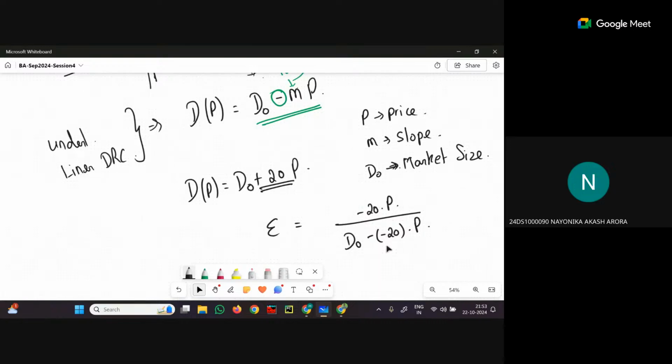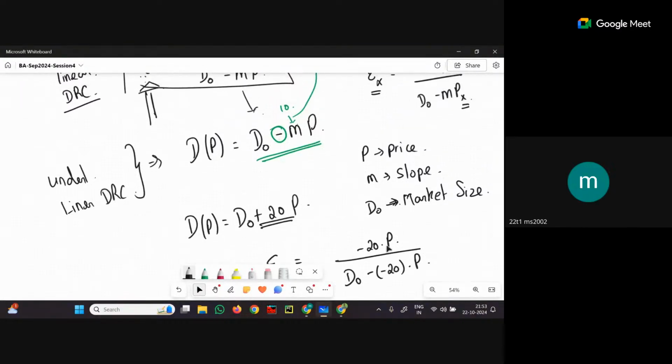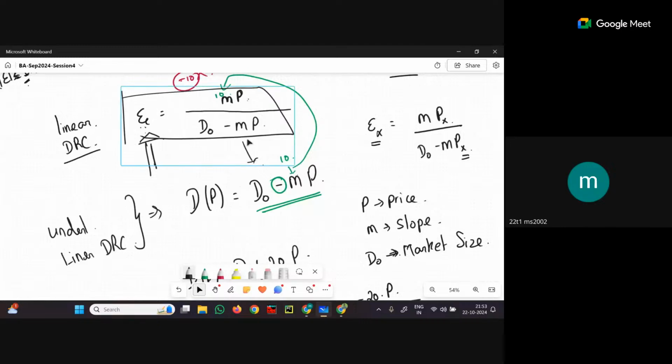Sir, is it because elasticity is generally negative? Not necessarily. When you substitute epsilon equals m p, it will not be a negative number. It would only become negative if the denominator becomes very large. I'm asking why it is taken as negative by default.